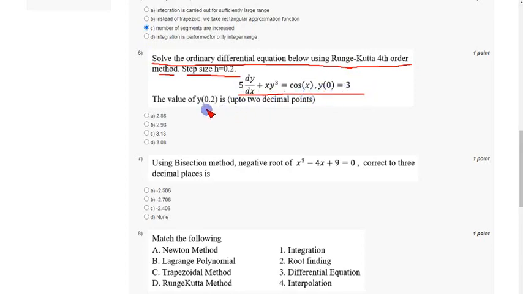They are asking the value of y of 0.2 up to 2 decimal points. So friends, the answer is option B, 2.93. So mark option B as the correct answer for the 6th question.